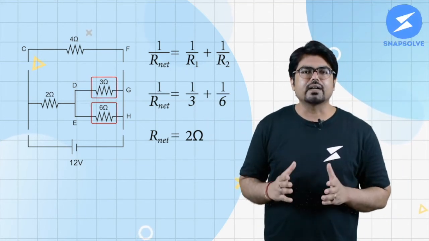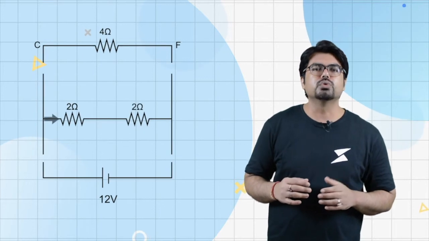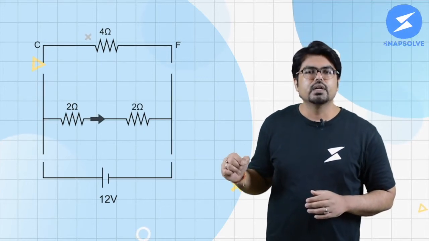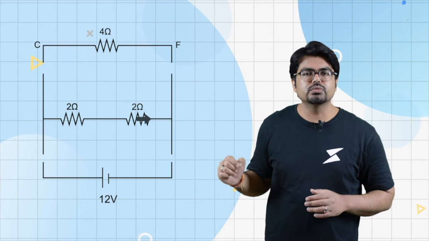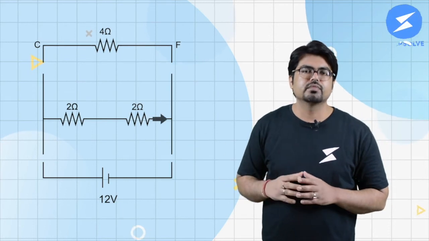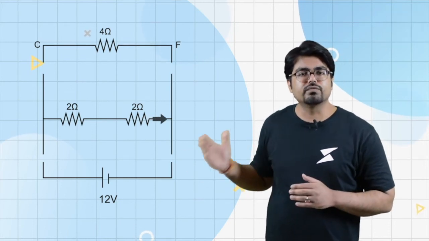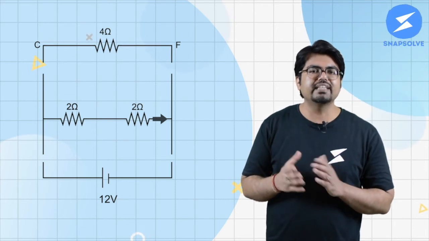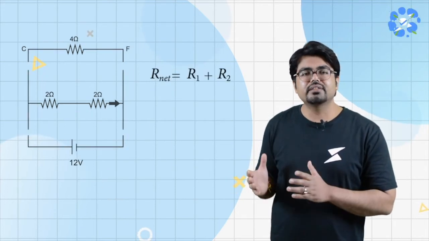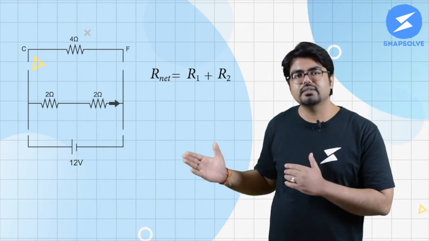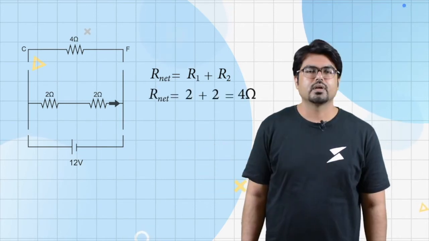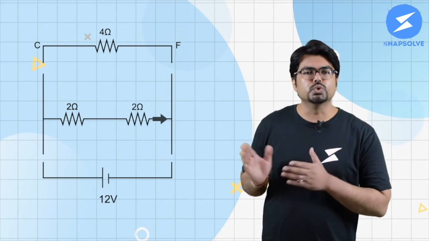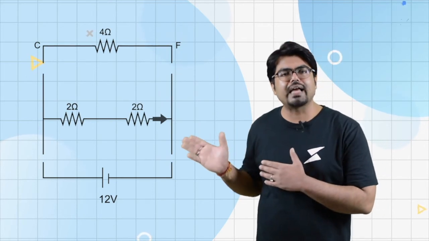Now you can see that whatever current flows through this 2 ohm resistor will be the same as the current through the other 2 ohm resistor. So both of these are in series. As you know, for series connections, R net equals R1 plus R2. So we can replace these two with a resistor of 4 ohm value.